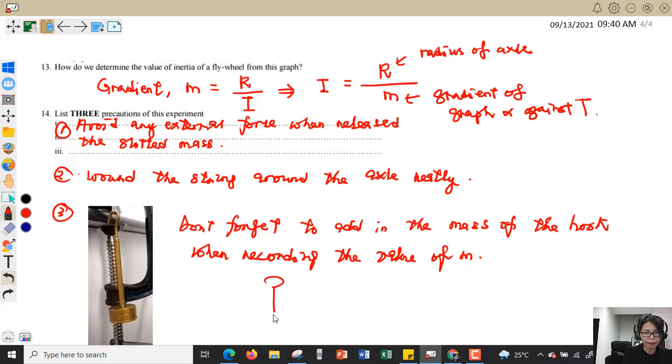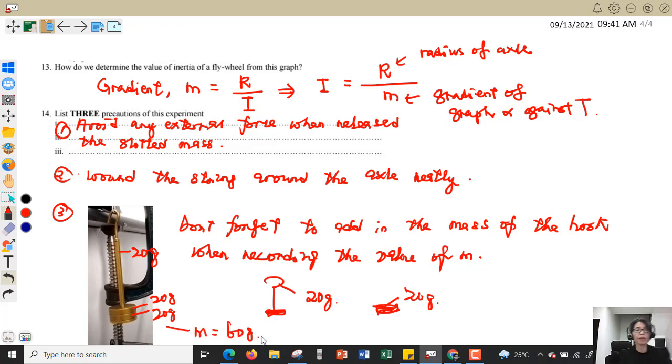The hanger alone has a mass of 20 gram, and one slotted mass is 20 gram. So for example, this one, the hook has 20 gram, then we have 2 slotted masses added in, so the reading that we should record will be 60 gram. These are the 3 precautions of the experiment.